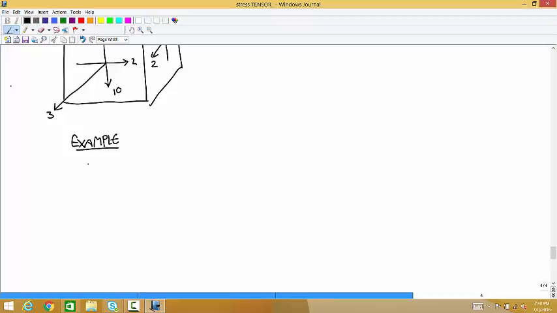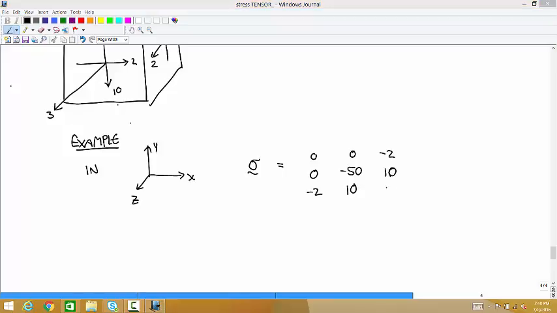Let's say that in this standard coordinate system, with x to the left, y up, z out of the page, the stress tensor is 0, 0, negative 2; 0, negative 50, positive 10; negative 2, positive 10, negative 20. That's all in megapascals.